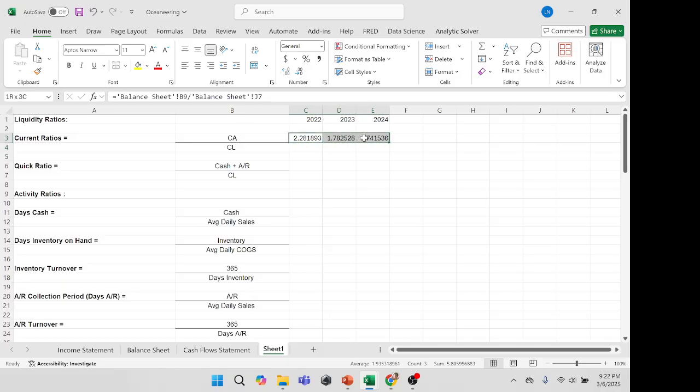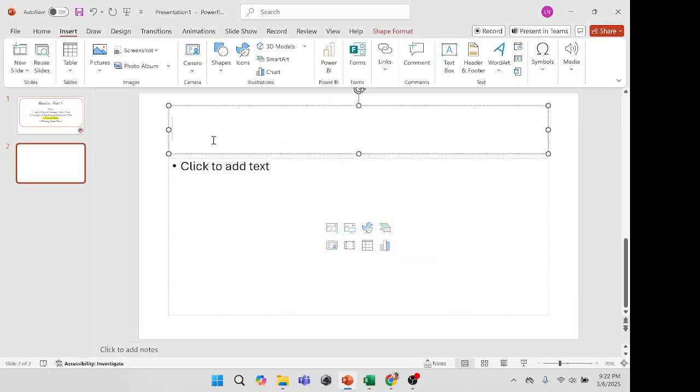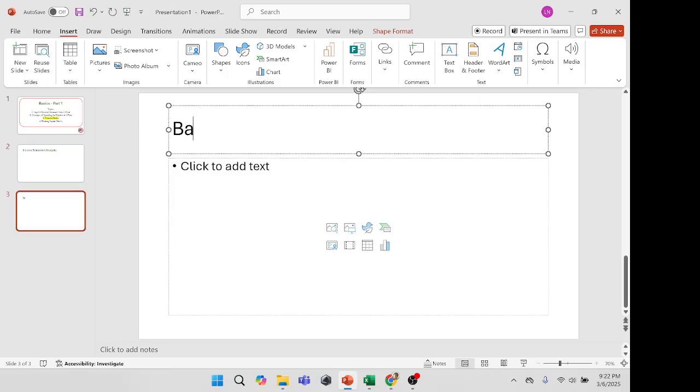You want to ask those questions, and if it's not a good thing, then that's maybe the reason why you want to put it into your section here. So first, you're going to have the income statement analysis section, right? And then you're going to have the balance sheet analysis, right? And then you have the cash flows analysis, right?